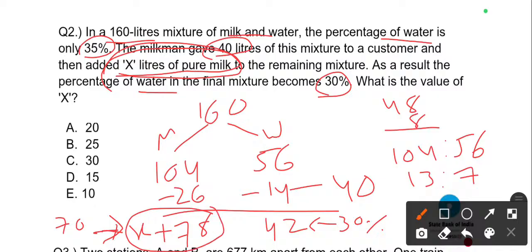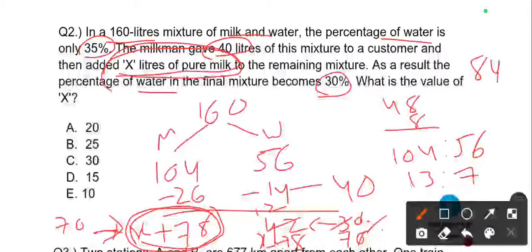What is the value of X? 0 0 cancel, 3 12 times, 12 7 times will be 84. So the total is 84. We have X plus 78. Subtracting 78 from this, we get 6. 2 plus 4, 6. So the X value we got is X.